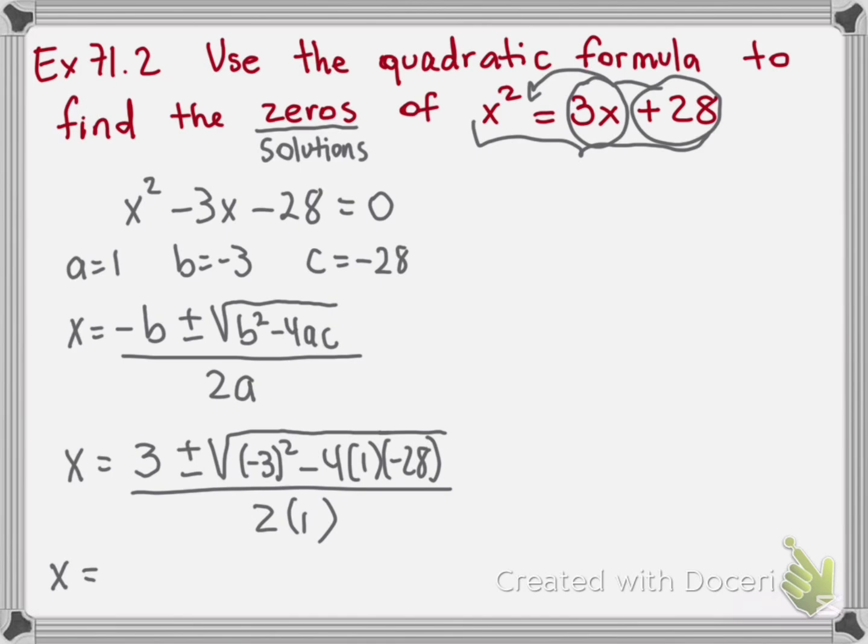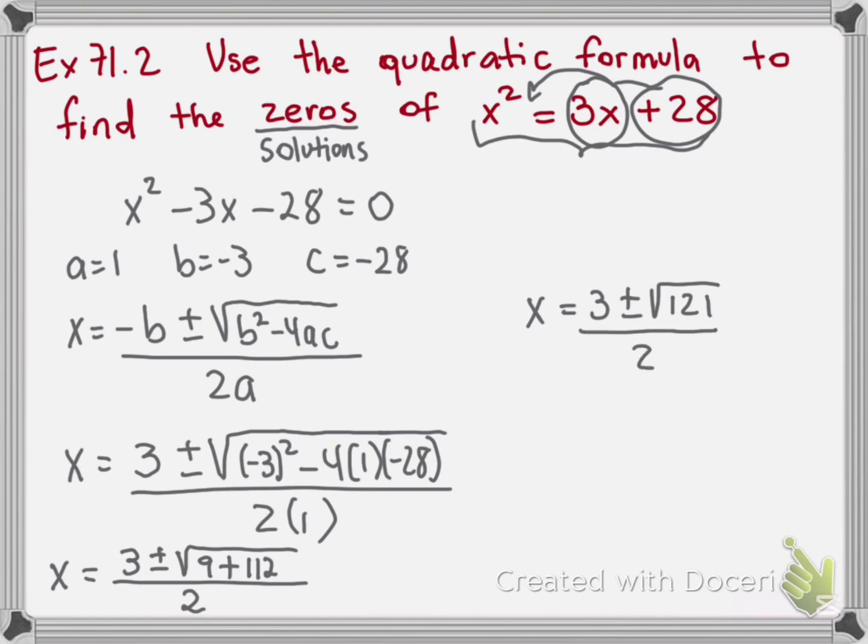When we simplify that, we're going to have 3 plus and minus. And then for the square root, we have 9 plus 4 times 28 is 112. And all of that over 2. And again, to continue that, we have to add and subtract the square root of 121 over 2.